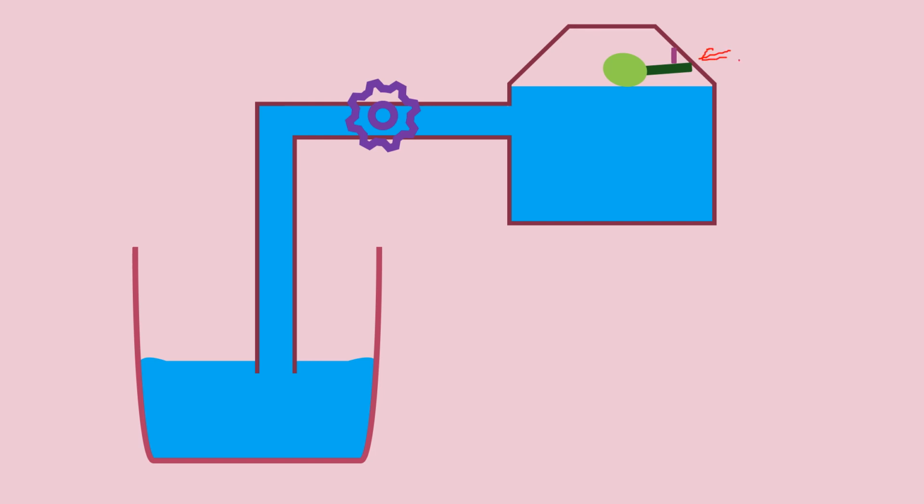Now when it triggers the limit switch, the motor stops and this operation stops. So let's see how we can implement this logic using a ladder diagram.